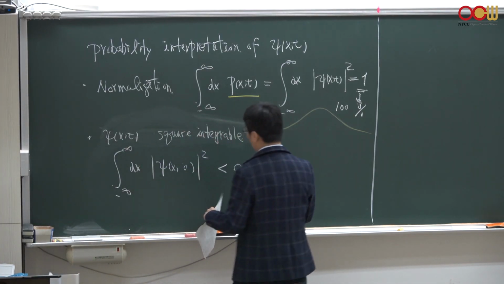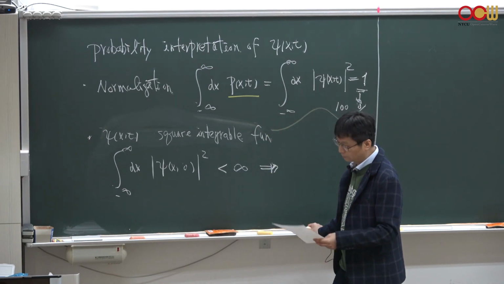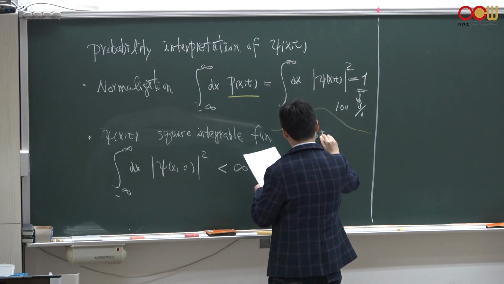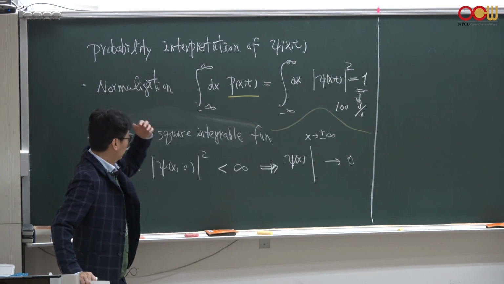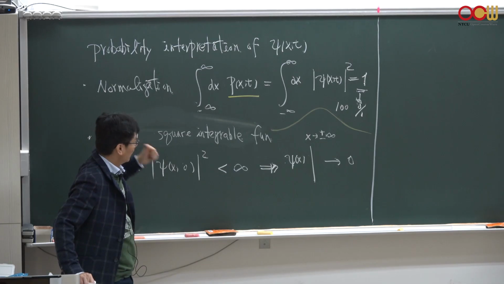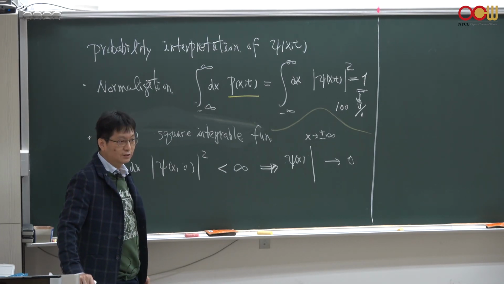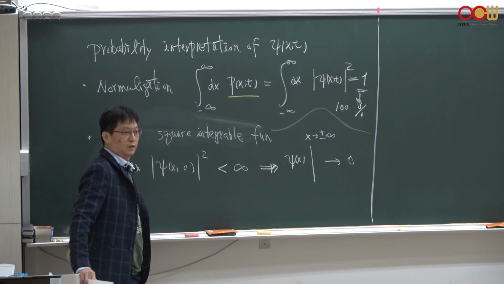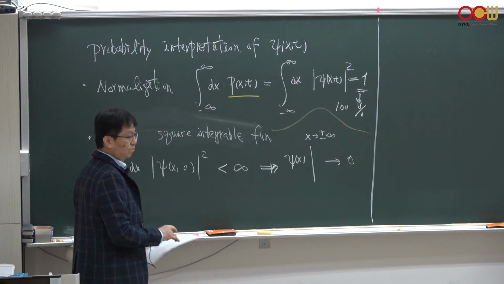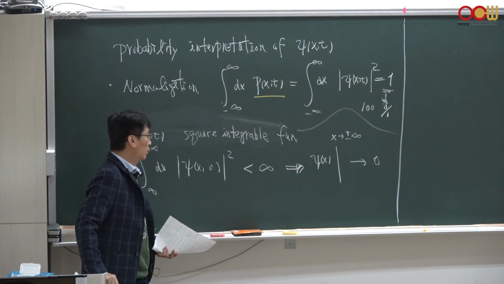Why do we need the square integrable property of this wave function? It is needed because we need a proper boundary condition, which means that very far away at plus infinity of x, or at minus infinity of x, this wave function should vanish. Very far in either direction, there's almost no probability of finding a quantum particle.